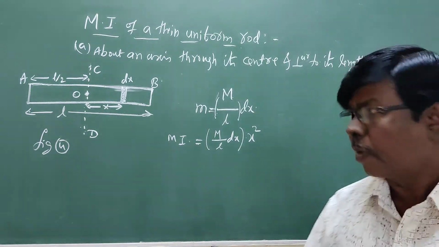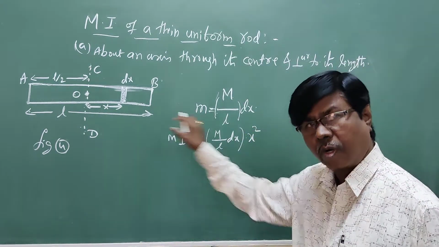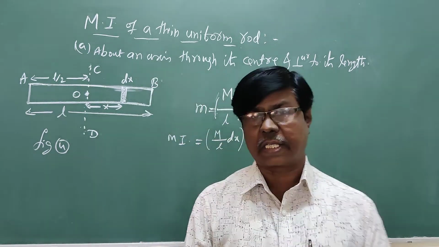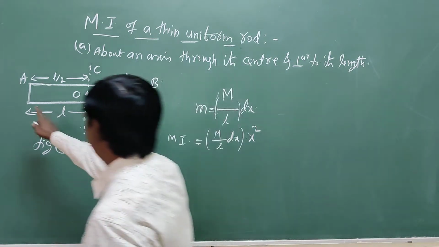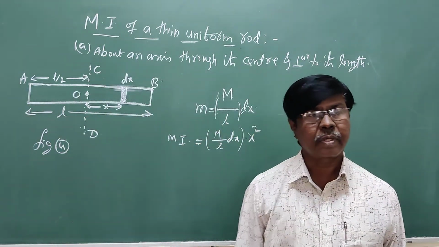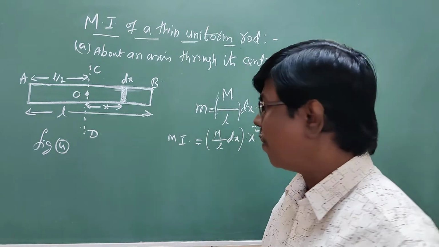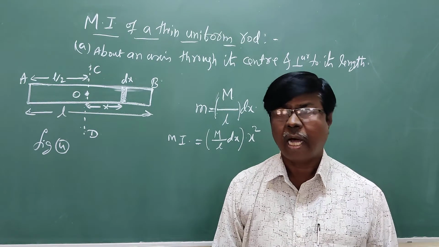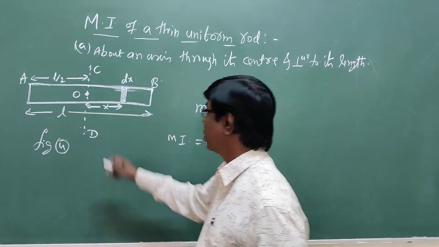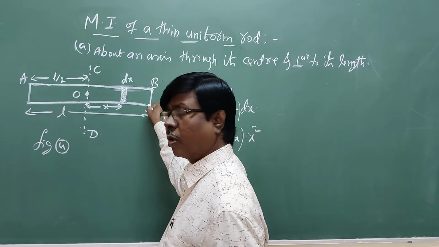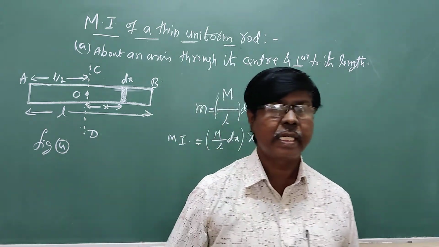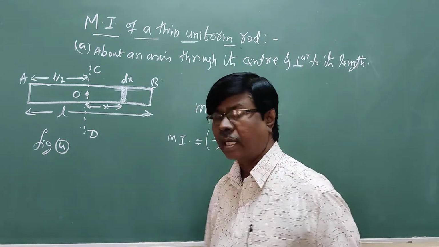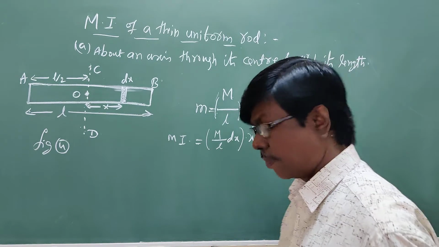Then to calculate the total moment of inertia of the whole body, the whole rod, what do you have to do? Integrate the limit from 0 to L. You can integrate, or sum the moment of inertia of all the elements, or integrate the limit from 0 to L by 2 times, which is also the moment of inertia of the whole body, this complete rod.